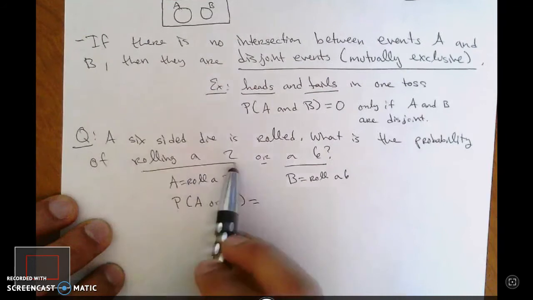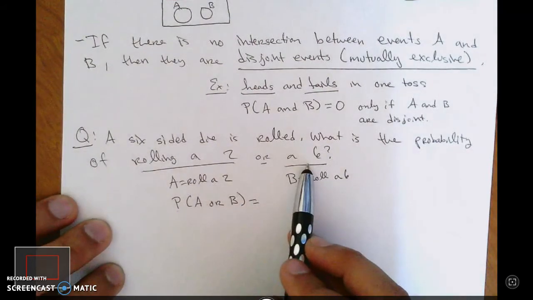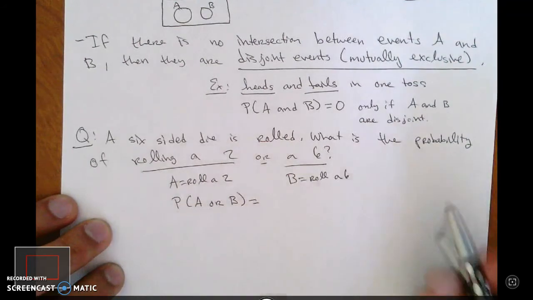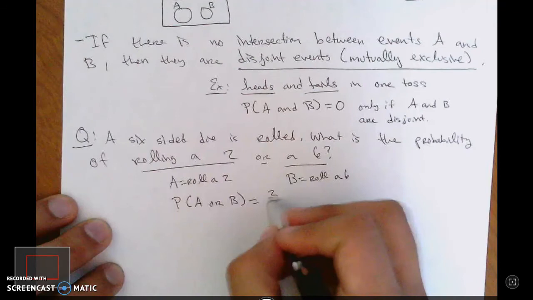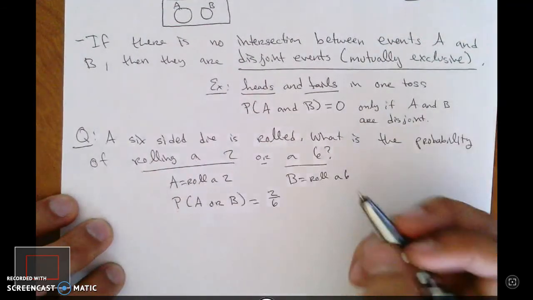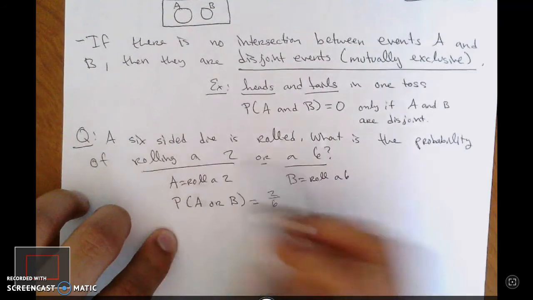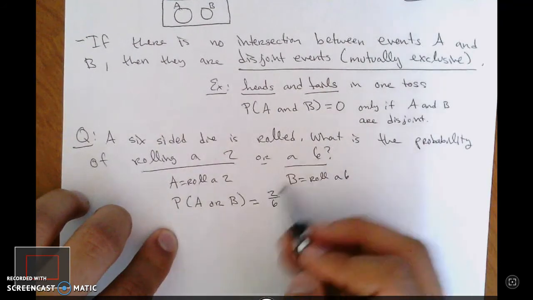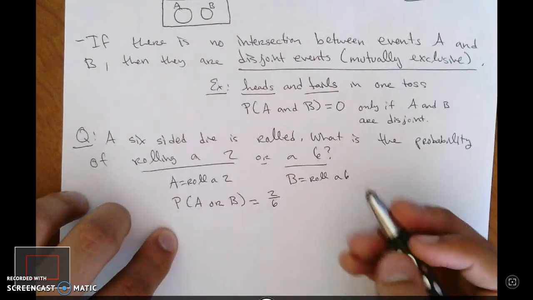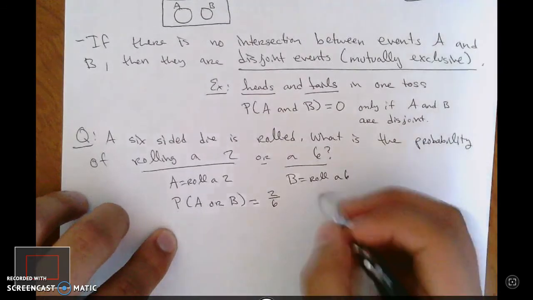The probability of rolling a 2 is 1 out of 6. The probability of rolling a 6 is also 1 out of 6. So that's 2 options out of the total 6. I can roll a 2 1 out of 6 times. I can roll a 6 1 out of 6 times. That is equal to 2 out of 6, which is equal to 1/3.